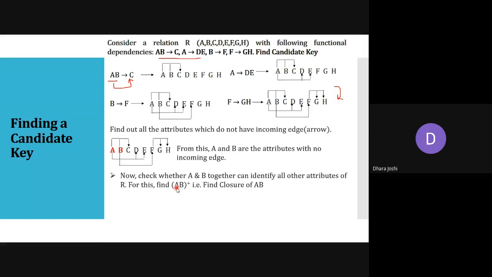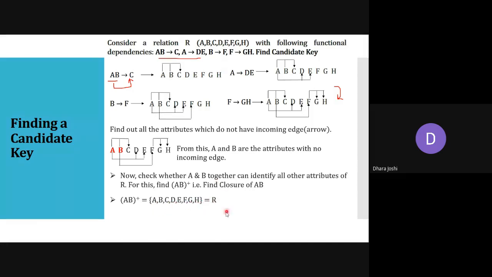Whenever we are finding the closure set of attributes, then those attributes must be a part of the resultant set. So AB, if I'm having the value of AB, I can have the value of C, D, E, F, and if I'm having the value of F, I can get the value of G and H. That simply means that from these two attributes A and B, I can get the entire relation, each and every attribute's value.